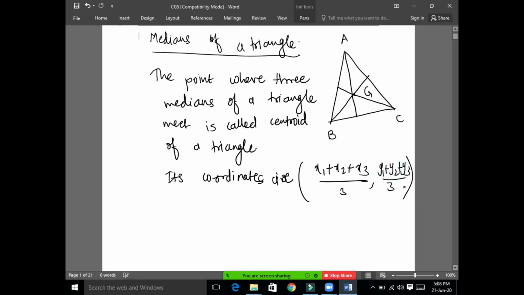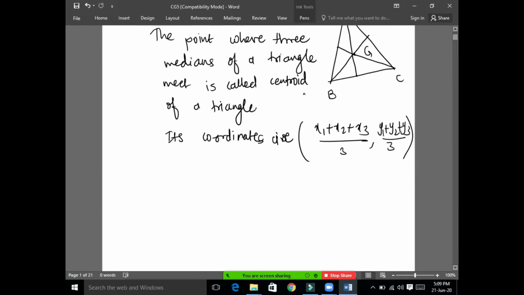So (x1 plus x2 plus x3) upon 3 represents the x coordinate, and (y1 plus y2 plus y3) upon 3 represents the y coordinate. This formula is useful whenever you are asked to find the coordinates of the centroid of a triangle. So we can use this formula for calculating the coordinates of a centroid.